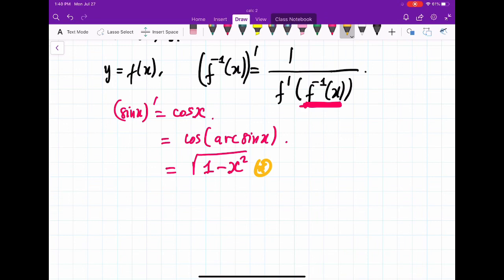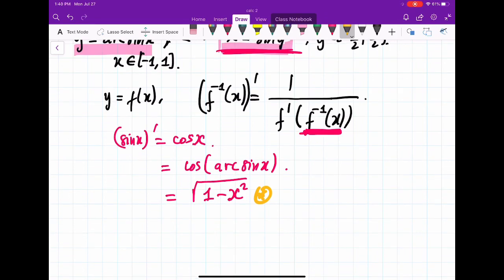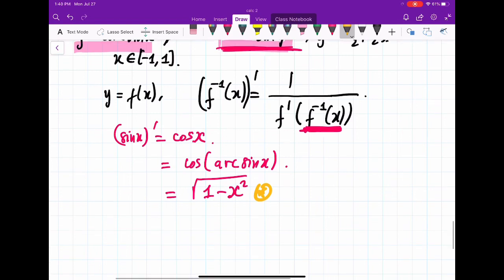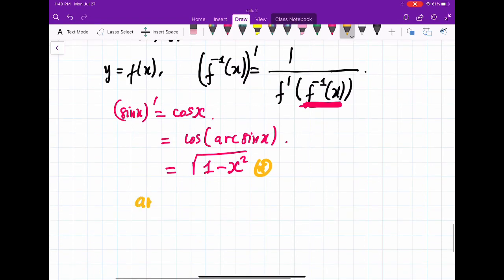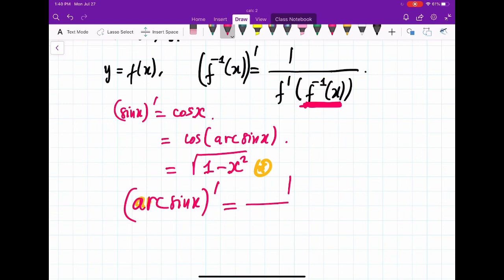So basically, I have the derivative of arc sine of x equal to 1 over the function value, which is already right here, right? We already calculated that, just the square root of 1 minus x squared.